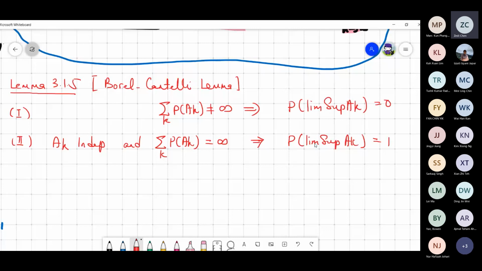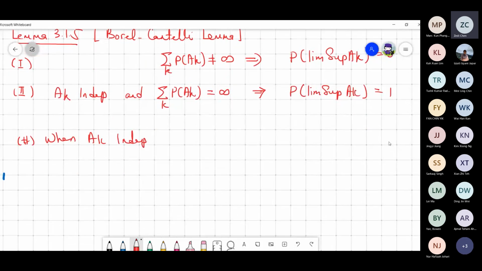If we impose the condition that the A_k are all independent, then we can have this two-way statement. The sum of P(A_k) is not infinity if and only if P of the limit supremum of A_k is equal to 0.